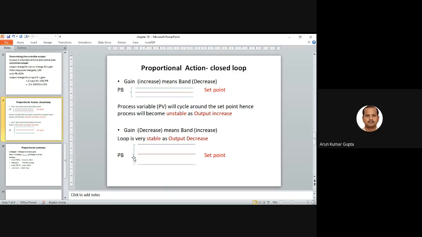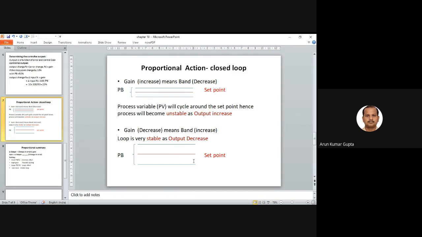In the reverse, if gain decreases, band increases. Band increase means you have that kind of width. This is the second case where we have a set point, and now we have the upper and lower limit. In this case, the system will easily oscillate between this zone. Here we have small oscillations, fluctuations you can say, and it will move like this.